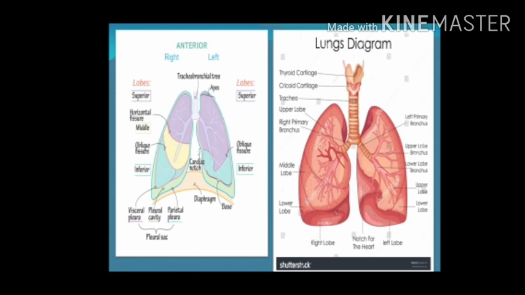And also you can see how the base of the lungs rests on the diaphragm. In the second diagram, you can observe the branched bronchi and bronchioles, which give the shape of the branches of a tree. Each respiratory bronchiole ends with alveoli.